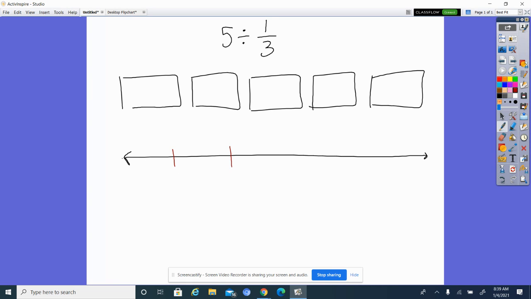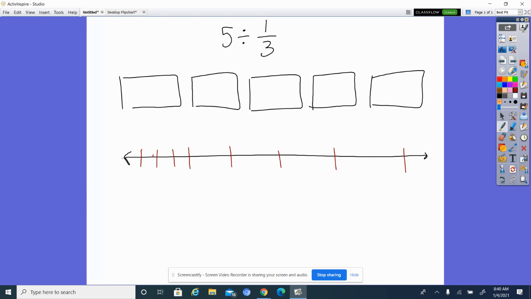1, 2, 3, 4, 5. So this is how long the trail was. Okay? So what do I need to do to find out? They divided every mile into third pieces. So what do I need to do? Cut it into thirds. So this mile, 1, 2, 3.